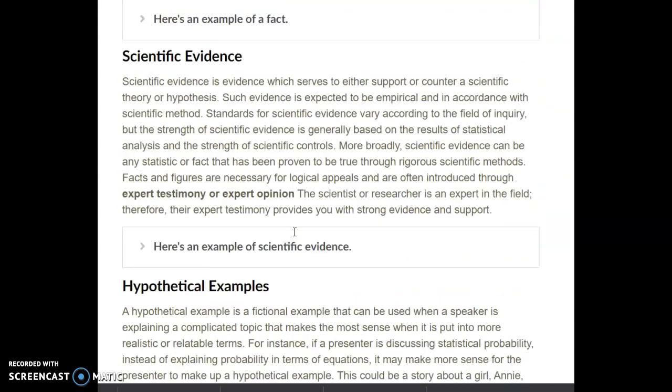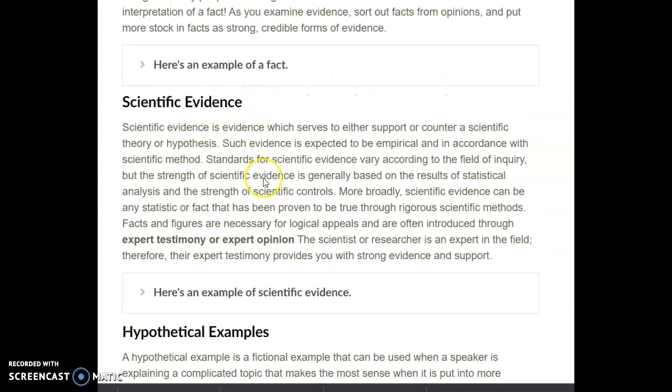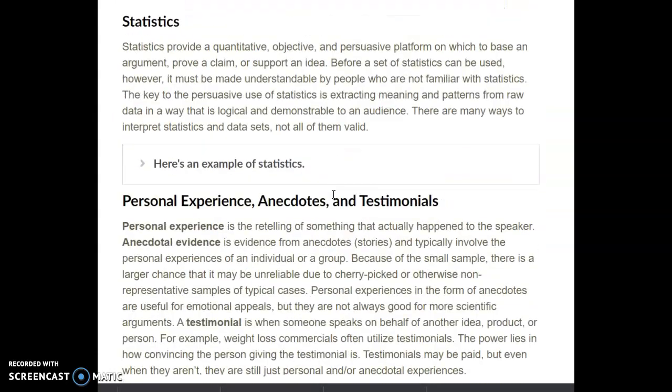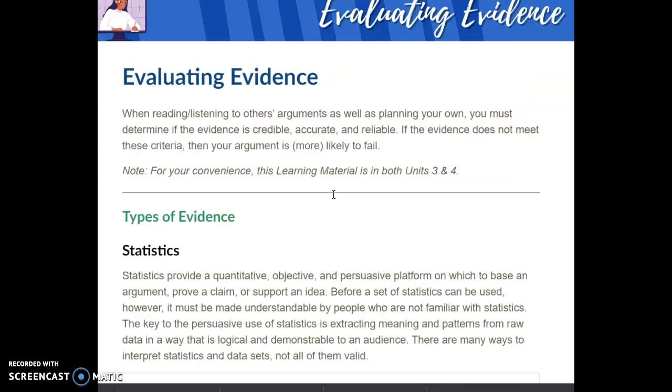So this gives some definitions, including expert opinion, which is included down here under scientific evidence. So if you aren't sure what type of thing you're looking at, look through these types of evidence to see what the evidence you found might be classified as. So this is going to be a helpful source as you're answering the questions.